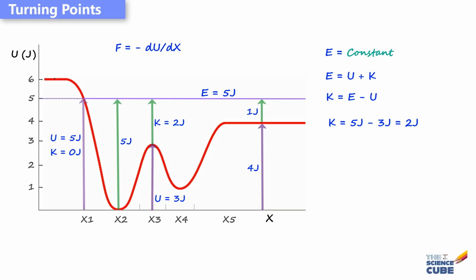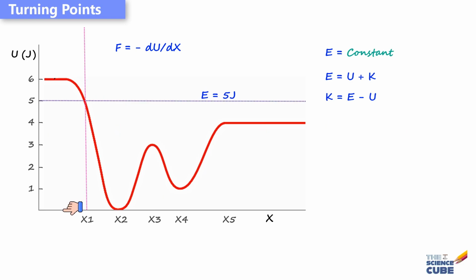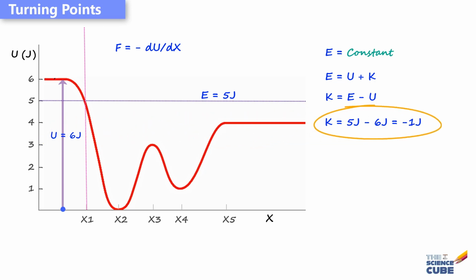So you see, this is the way you can read an energy graph for K and U values. Next, we make an interesting observation and imagine that the particle has moved into this region. If so, then using this equation, we can say that the kinetic energy value will become K equal to 5 minus 6 or minus 1 joules. But then since kinetic energy has v square in the formula, it can never be negative, which therefore means it is impossible for the particle to get beyond x1 in this direction.